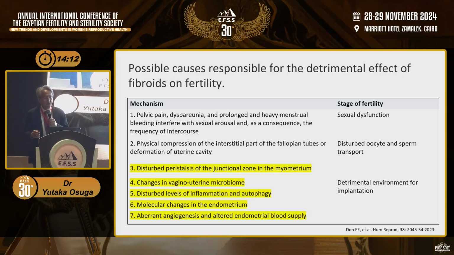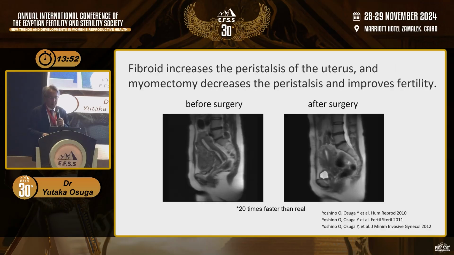Due to time constraints, I'll just talk about disturbed peristalsis. A fibroid very often increases the peristalsis of the uterus, and myomectomy decreases the peristalsis and improves fertility.